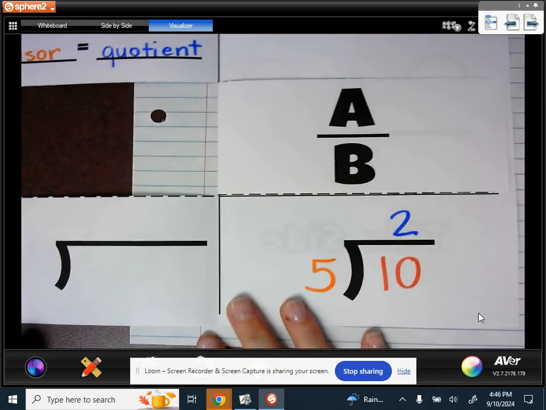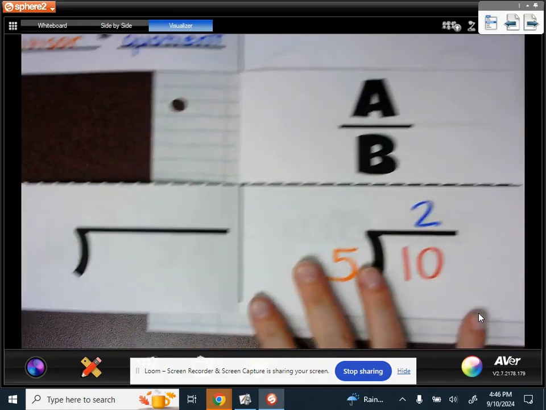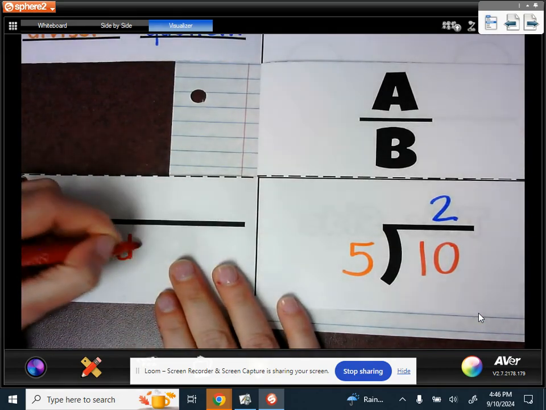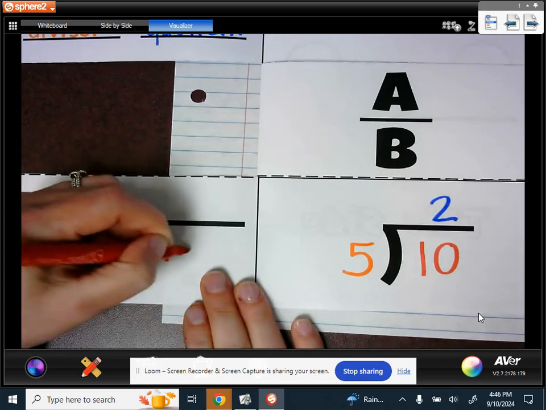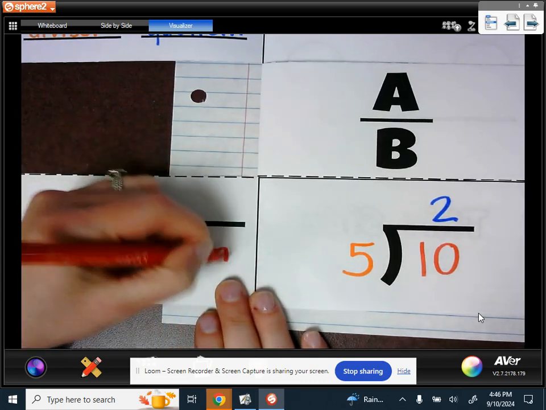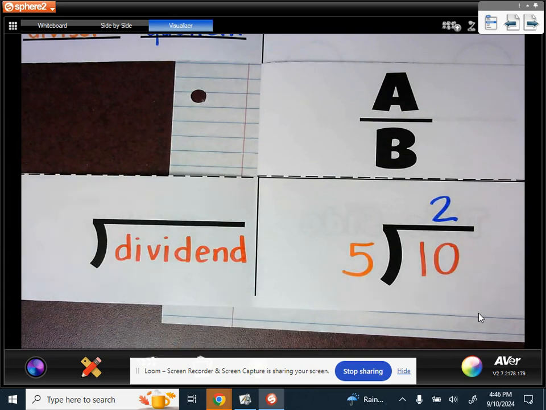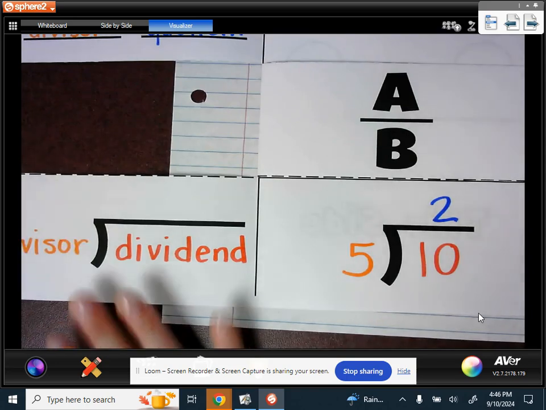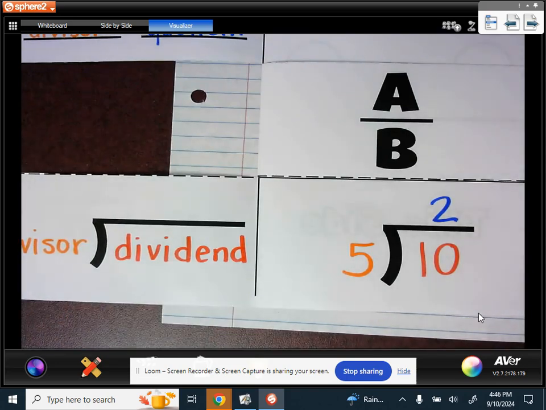As far as this left-hand side, let's talk about the vocabulary here. So again, the vocabulary words are dividend, divisor, and quotient. So this time our dividend goes on the inside. Our divisor goes on the outside.